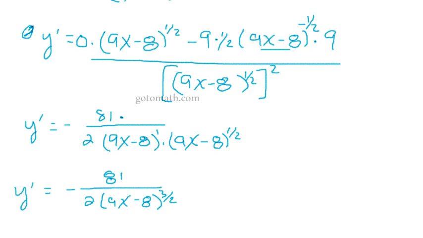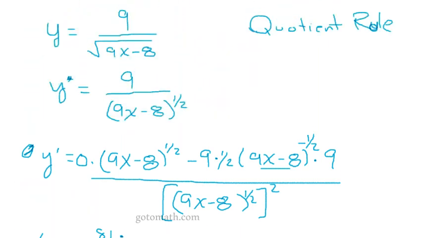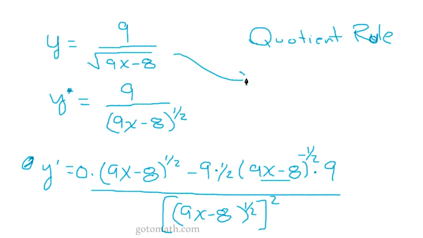Now, we could have actually taken this original problem and rewritten it like this, 9 times 9x minus 8 to the negative half. Now I'm not taking the derivative yet. Then take the derivative of this. In this particular problem, where we just have a constant in the numerator and nothing else but a constant, I highly suggest that you do it this way.